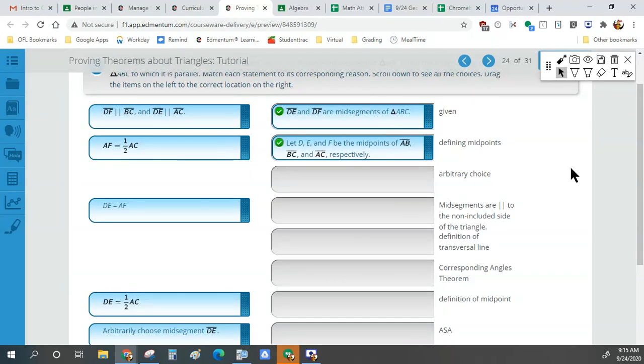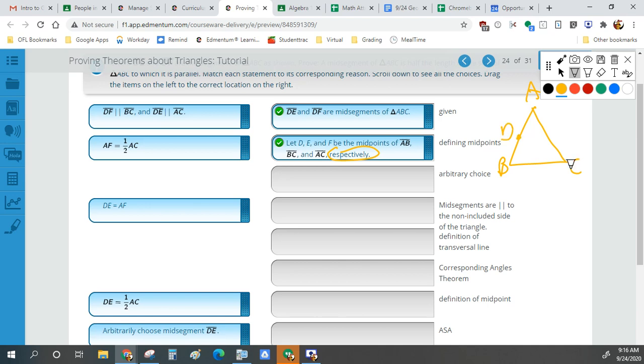So this is just saying that because it says respectively, this word's actually really important. It just means in order. So let's say I have this triangle ABC. If we're talking about respectively, D should be the midpoint of AB.